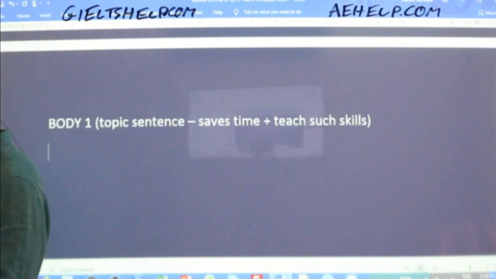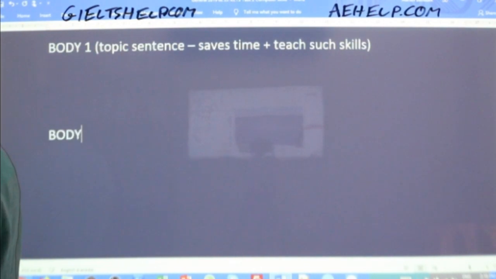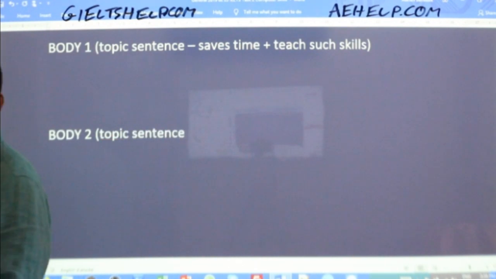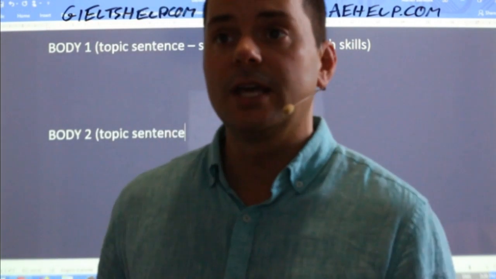And then my body 2, so I'm jumping a little bit ahead here, but my body 2, this is how my essay is divided. Topic sentence should be visible in your topic sentence. If some students are thinking about these topic sentences, go ahead and write them. Write the topic sentence right now. I will check it out in a second.